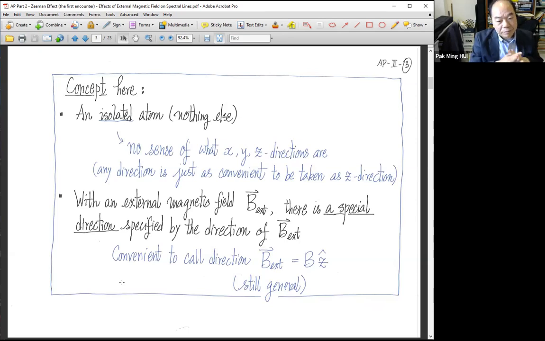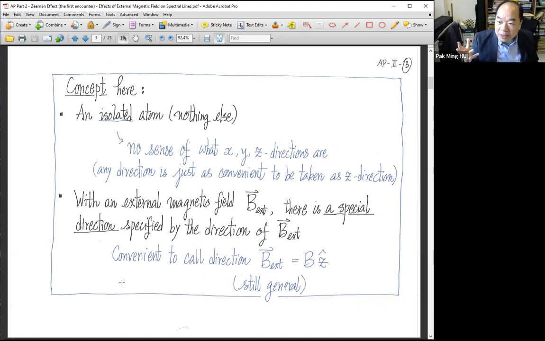So it is just a remark here. If my atom is isolated, alone, nothing else surrounding it, it has no sense about what is X, Y, Z direction. Well, in your solution, you have all these X, Y, Z functions or alpha theta phi functions with a Z direction chosen, right?